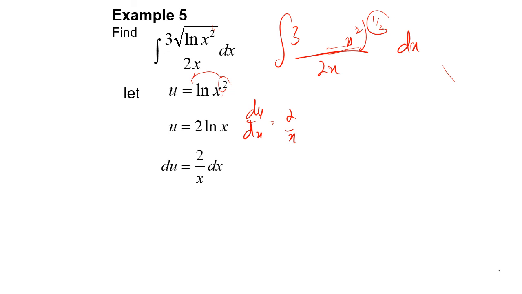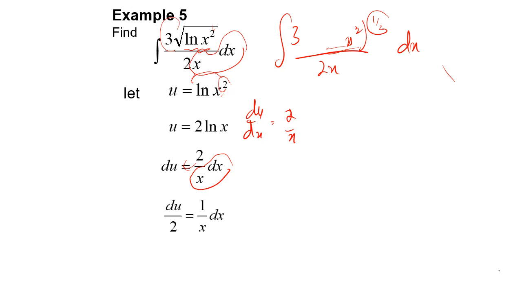So because what we have here is dx over x, we get du equal to 2 over x dx. Then we want dx divided by x only, so this 2 will go to the left side. So we get du over 2. So we can replace dx over x with du over 2, and this natural log of x squared with u.